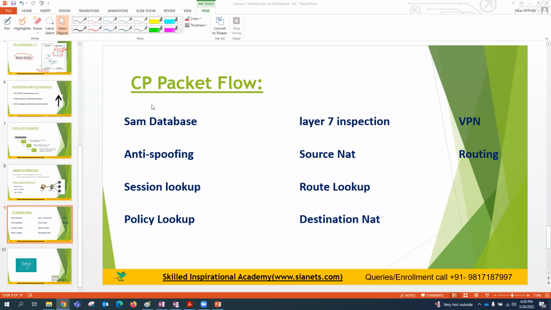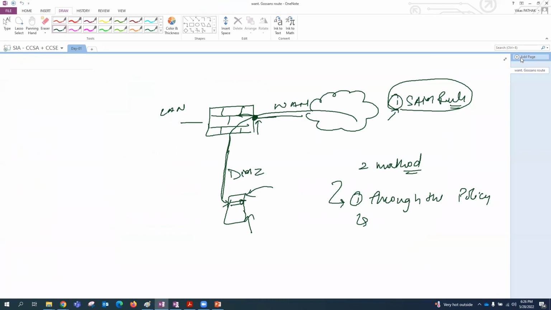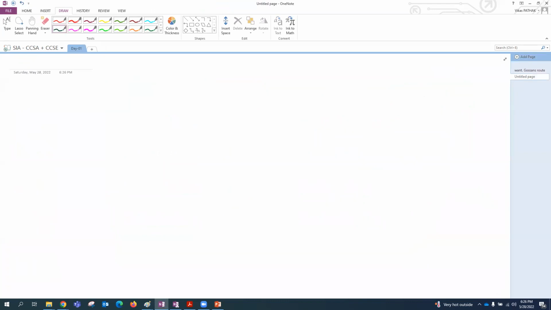So let us go to our, I can explain this thing over here on the PPT also, but let me move to the OneNote. I hope this OneNote is visible to everyone. Let me explain this packet flow of Checkpoint over here, right? So for an example, let's suppose you have a firewall.